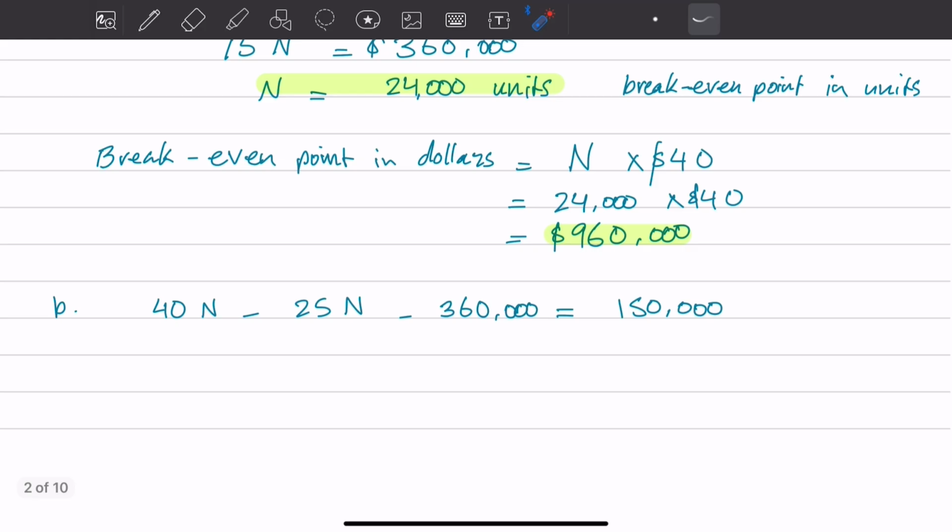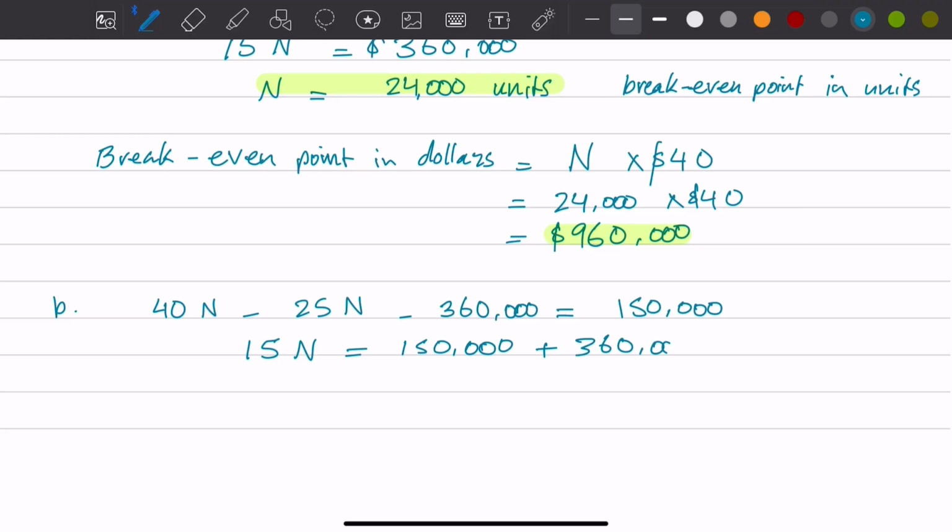So 40N minus 25N, again that's 15N, should equal, I'm going to move this to the other side. That means this should equal $150,000 plus $360,000. Okay, that means 15N is going to equal, how much is that? 510,000.